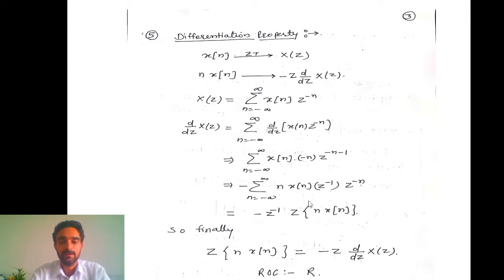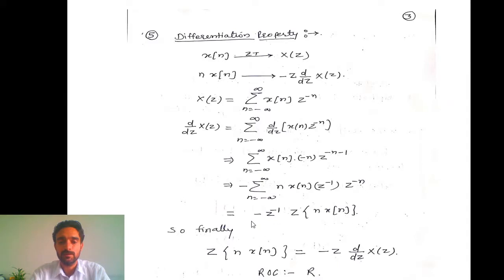This z inverse we can take outside the summation. Then the remaining term, n x of n z to the power minus n, is the Z transform of n x of n. So the Z transform of n x of n is the summation of n x of n z to the power minus n multiplied by this z inverse.